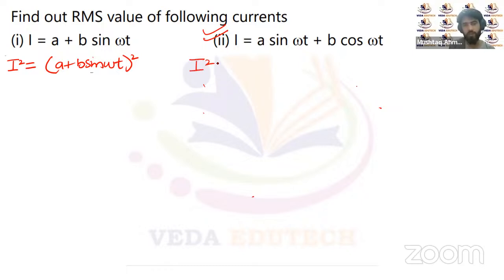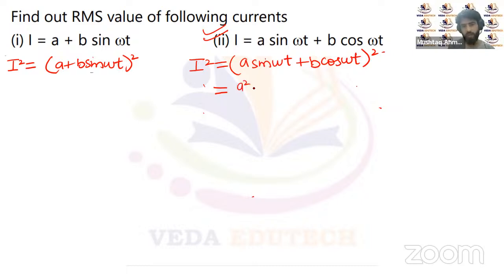That will be I square equals a sine of omega t plus b cos omega t whole square. So now just expanding this function.